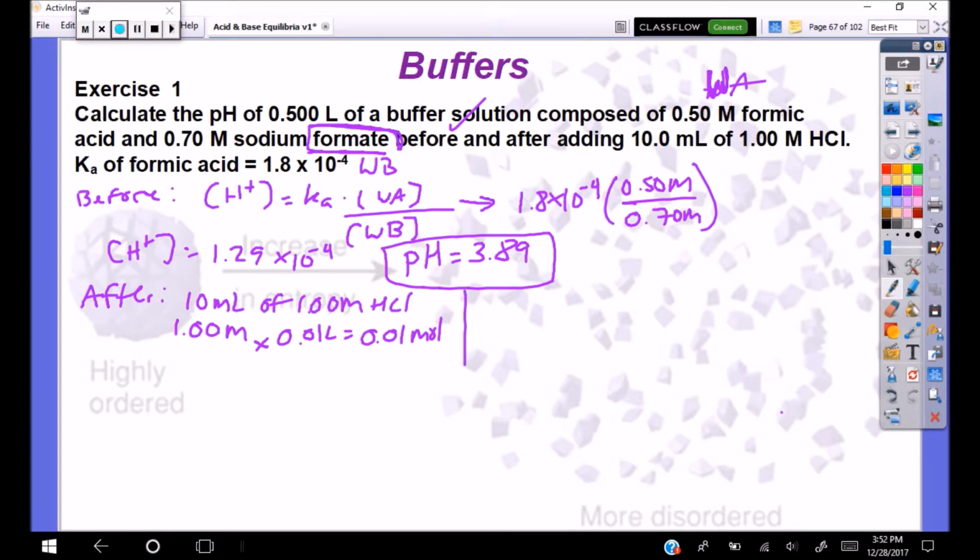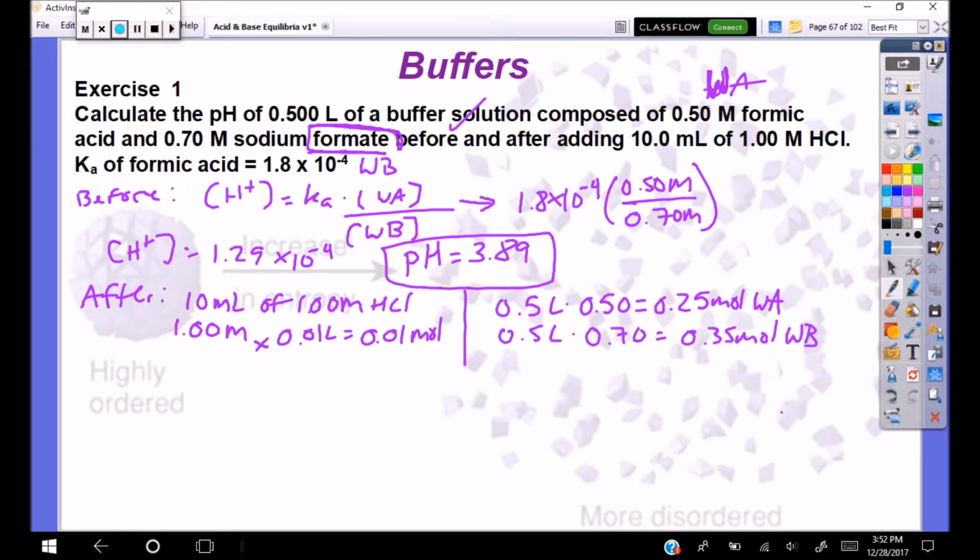All right, I also need to know my moles of weak acid. So I said it was 0.5 liters of each of these, right? So 0.5 liters times 0.50 means 0.25 moles of my weak acid, and 0.5 liters times 0.70 molar, which is 0.35 moles of my weak base.